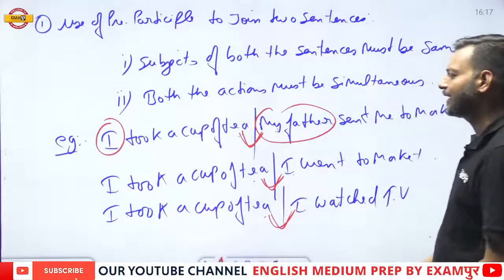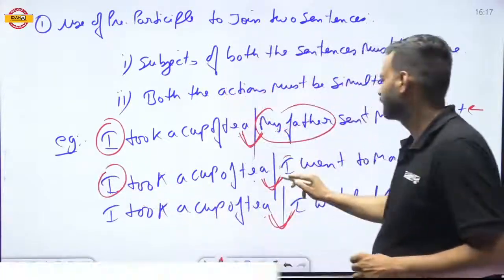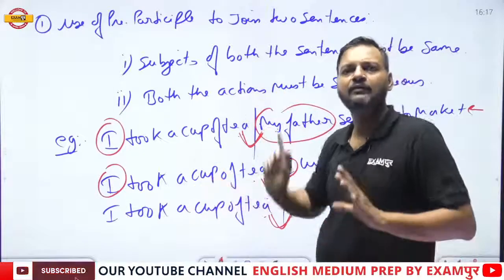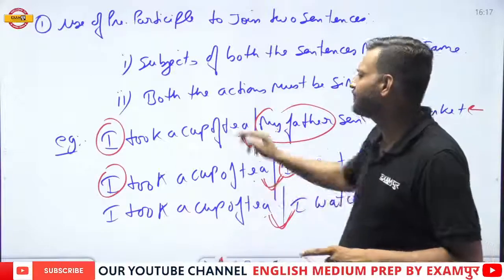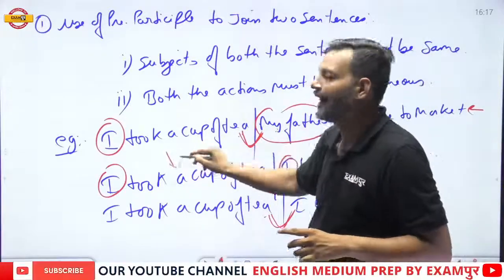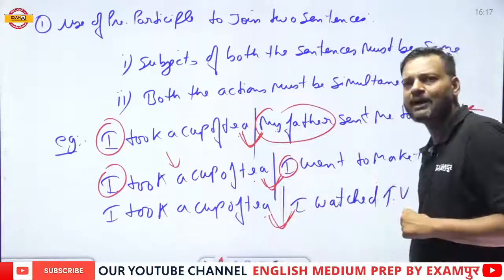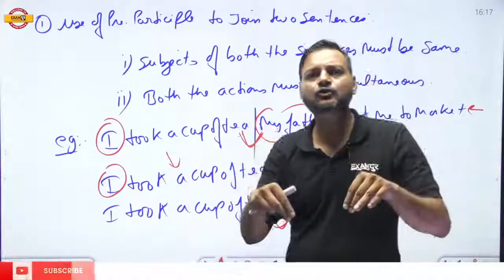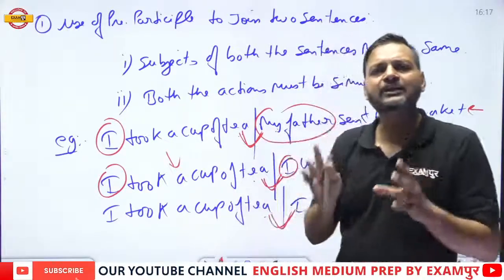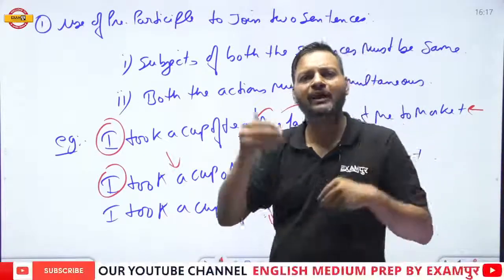Now let's talk about the second pair. In the second pair, subjects are the same. So the first condition has been fulfilled, but the second condition is both the actions must be simultaneous. So first action is I am taking a cup of tea, and second action is I went to market. Can these two actions be simultaneous? Think about it. Can I go to market having a cup of tea?